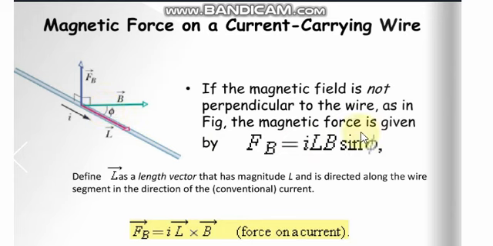But remember that if this phi is 0, that is if this B is directed parallel to the current carrying wire, then the angle here will be equal to 0.